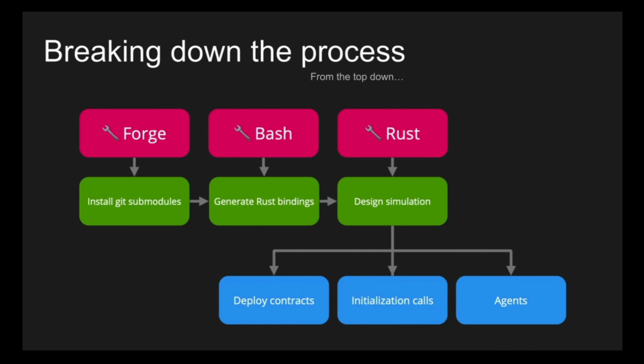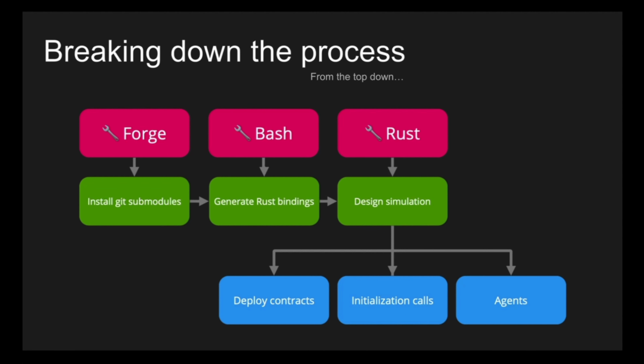The way we have architected the tool right now is you install your Git submodules first, and this is done with Foundry's Forge install. I'm sure many of us here in the audience know and love Foundry. We did this to allow Arbiter to handle any arbitrary smart contract repository and work with those contracts as they see fit. Next, we generate the Rust bindings for the contracts.